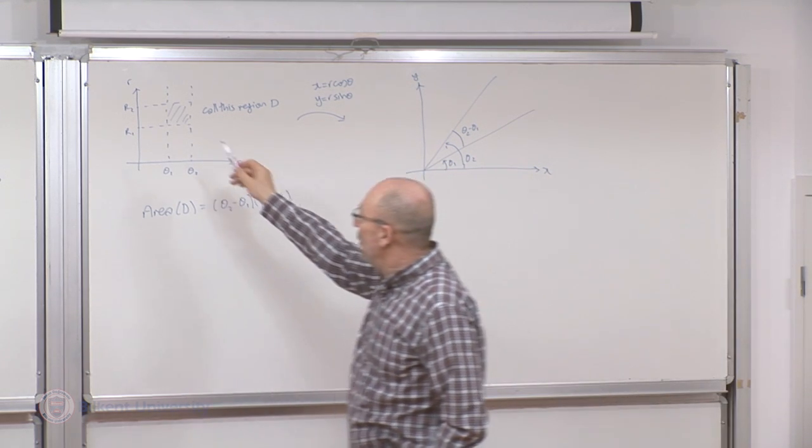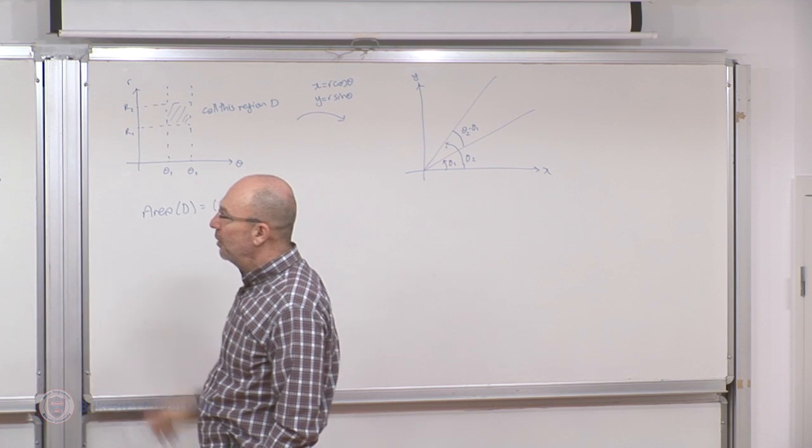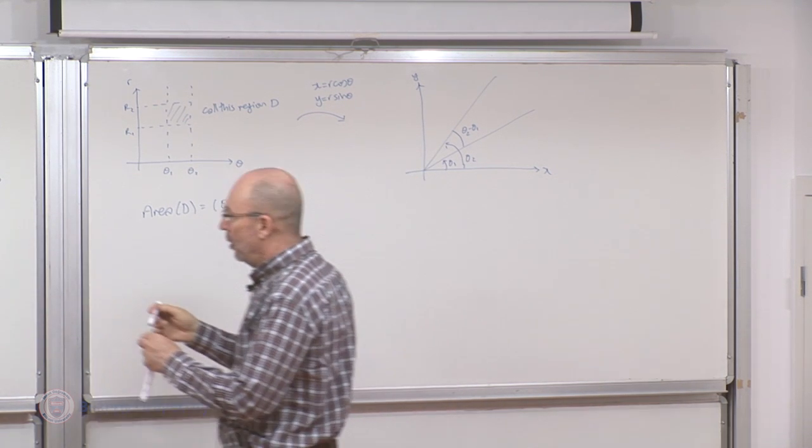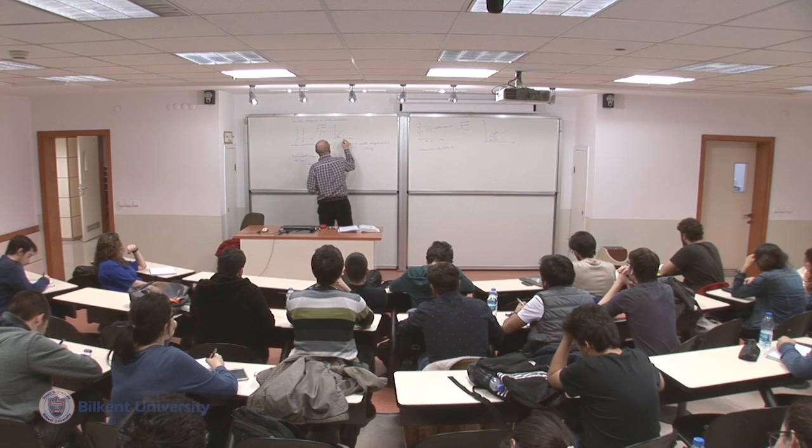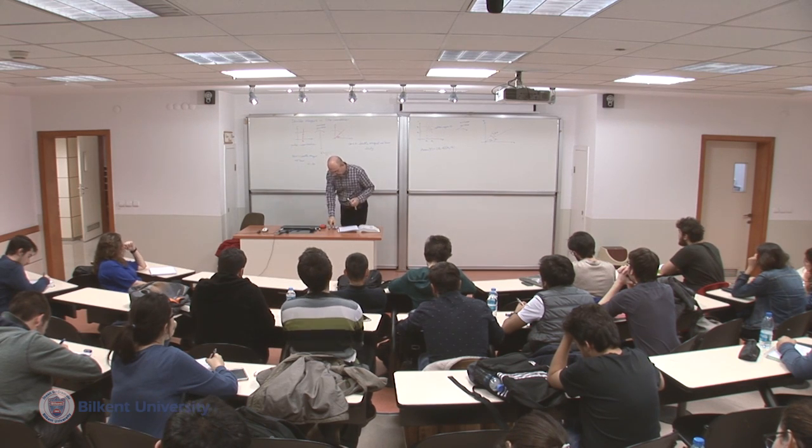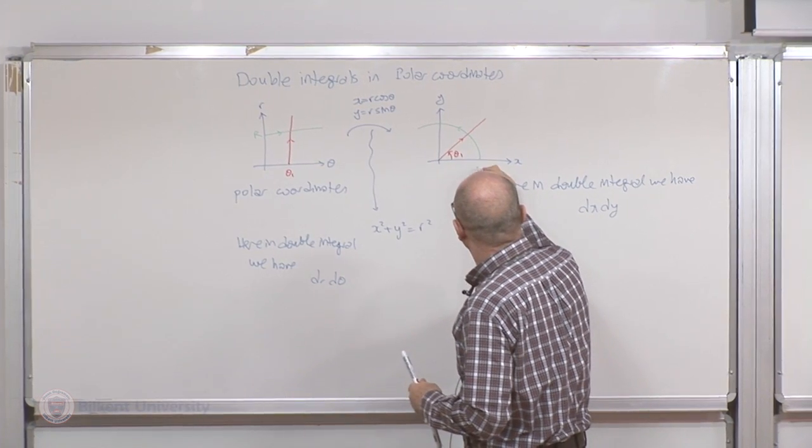Next we'll look at these parts, which were green over there. They go to circles with radius r1. Let's put r here to complete this. This is r.